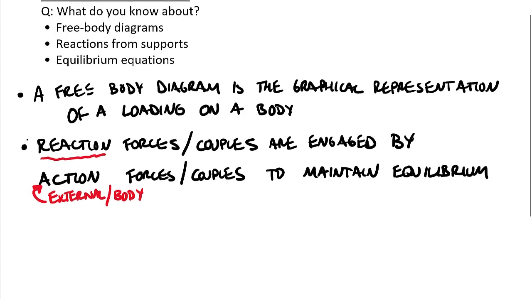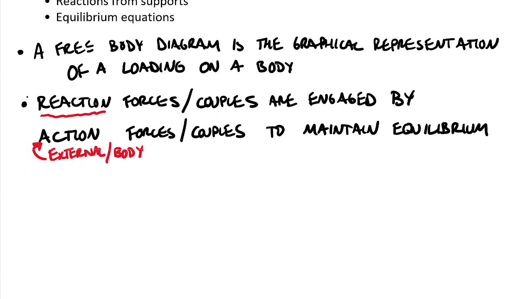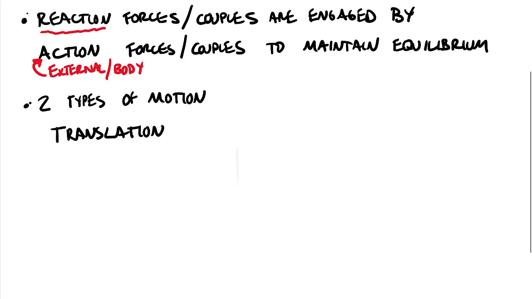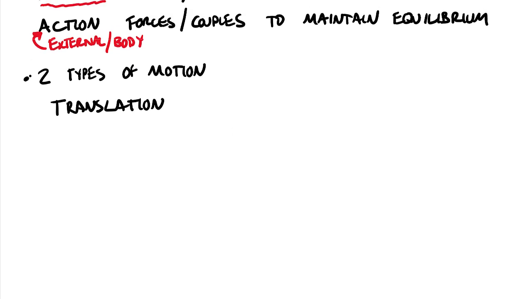So as we think about how that then relates to equilibrium, this idea of equilibrium is really related to motion. There are two types of motion. These types are translation and also, as you probably know from physics, rotation.